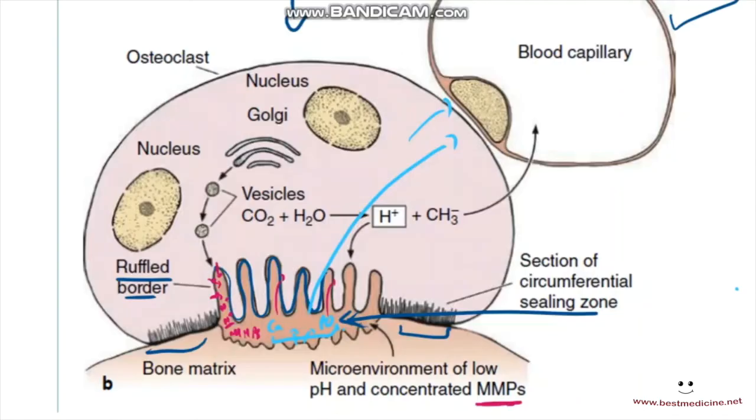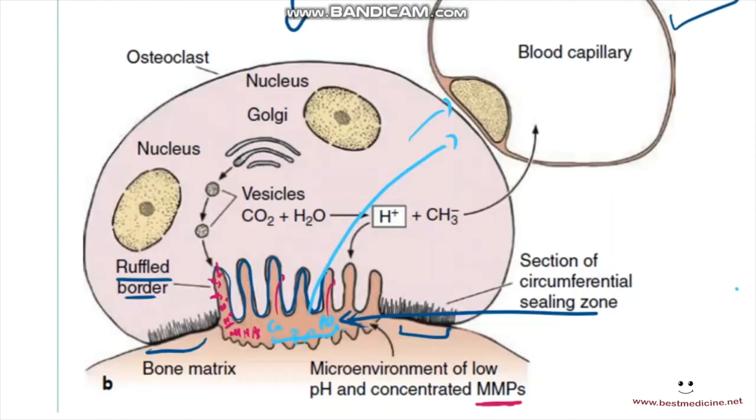So in conclusion, we can say that osteoclasts are actually cells that come from the hematopoietic stem cell, and they are large, giant, multinucleated cells that have these resorption cavities, these house-shaped lacunae, which are able to basically absorb bone matrix. And the way it happens is because they have some proton pumps and they have some matrix metalloproteinases that are being sent into the resorption cavities.